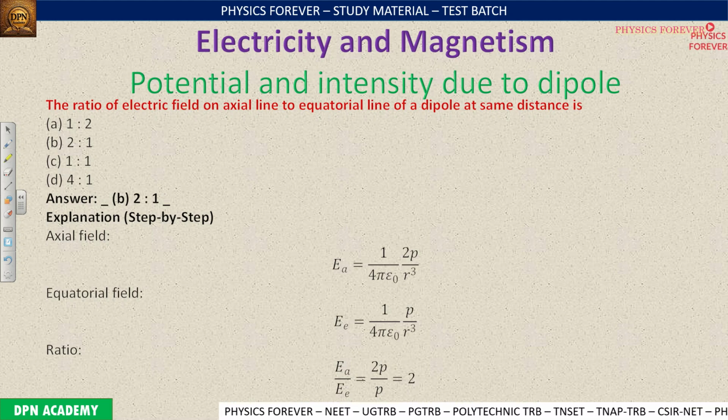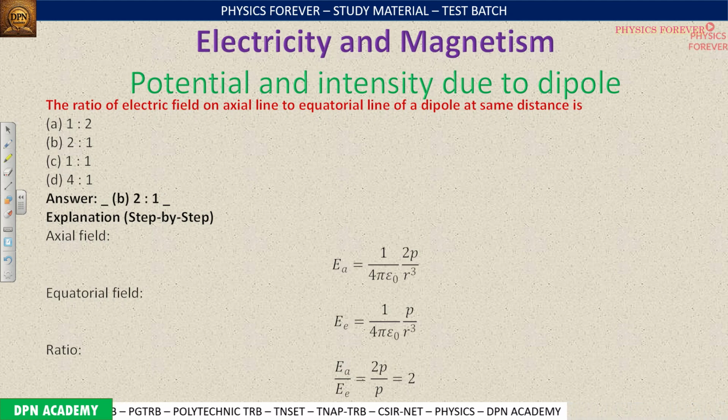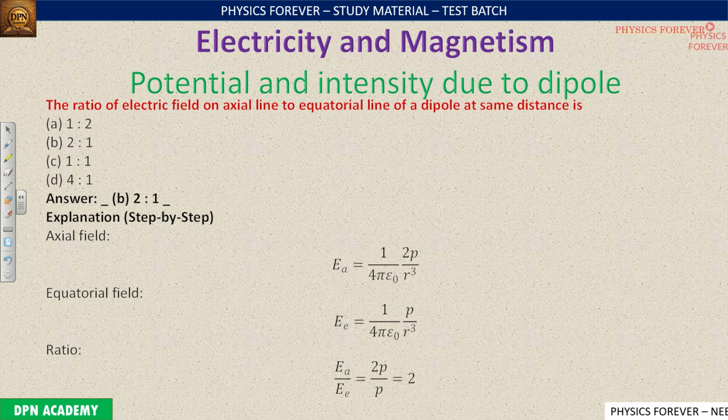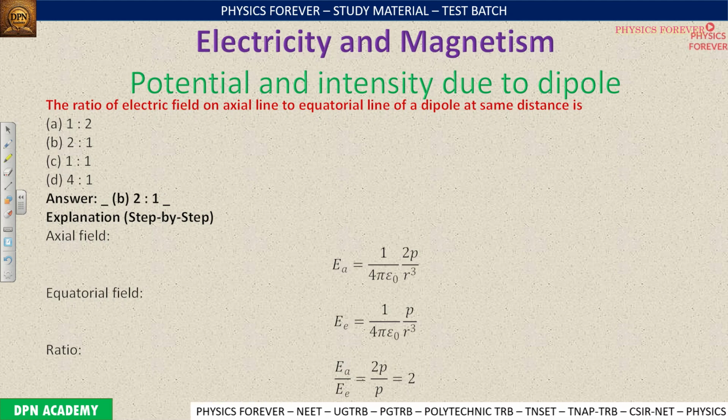The axial field E is equal to 1 by 4 pi epsilon naught, 2p by r cube. Similarly for the equatorial line, 1 by 4 pi epsilon naught, p by r cube. So taking E axial divided by E equatorial, we get the answer. If you understand the previous table, you can get the result for this question in a fraction of a second.